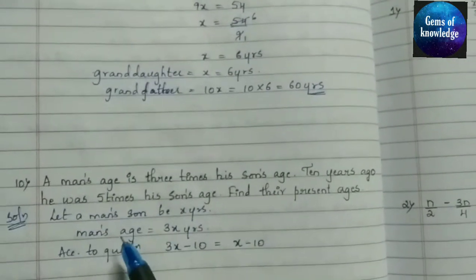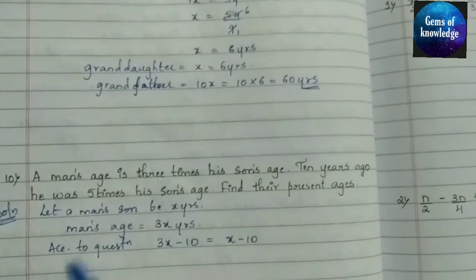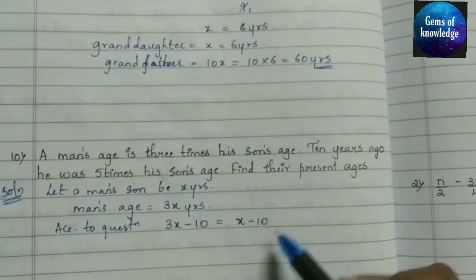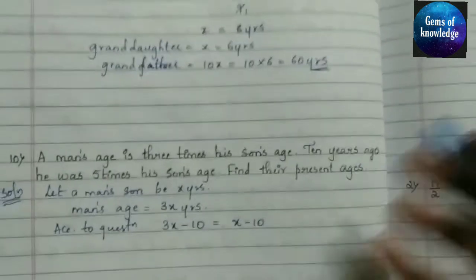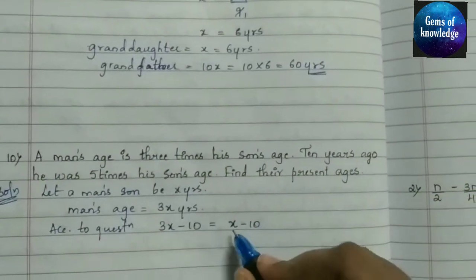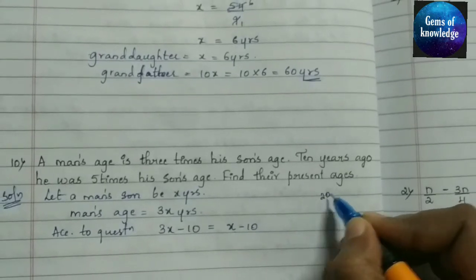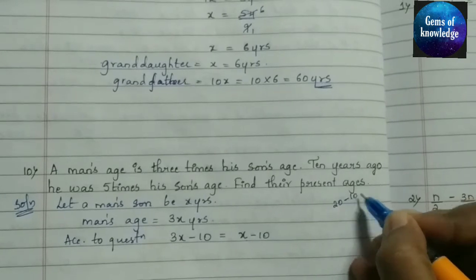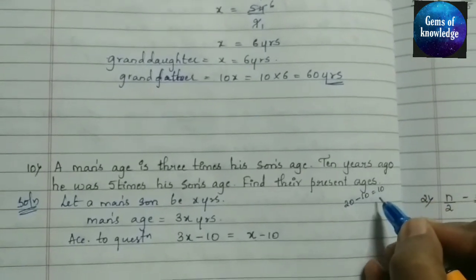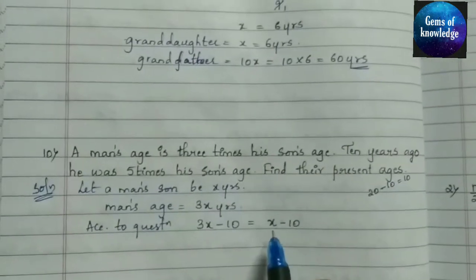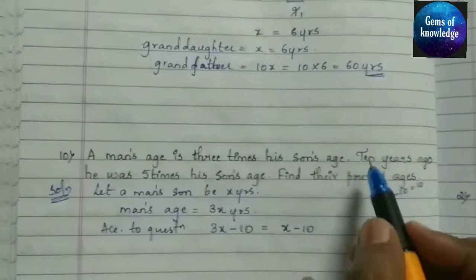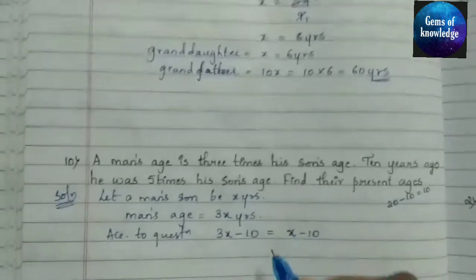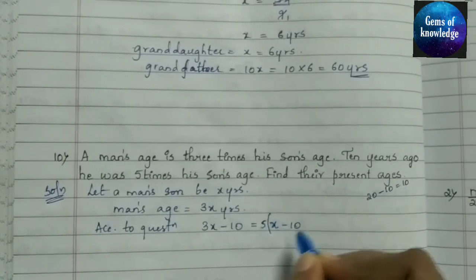Because if this man's age was before 10 years, even his son's age will be before 10 years. Suppose this son's age is 20 now, then before 10 years he was 10 years old. Similarly, I have taken here x minus 10. Then 10 years ago he was 5 times his son's age.